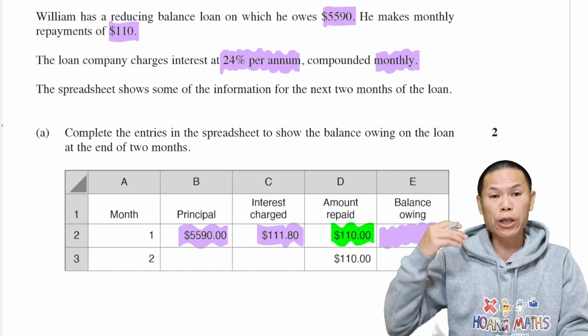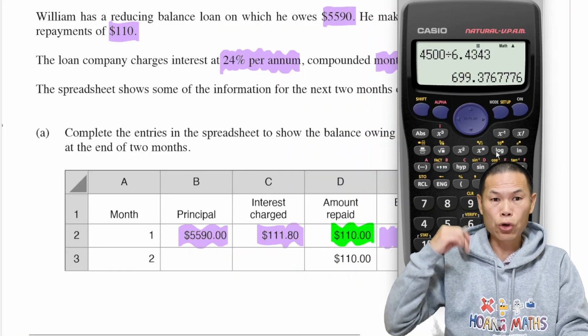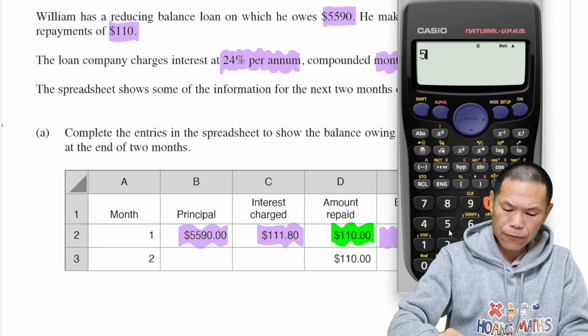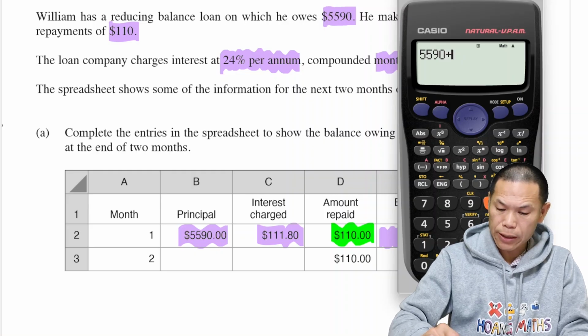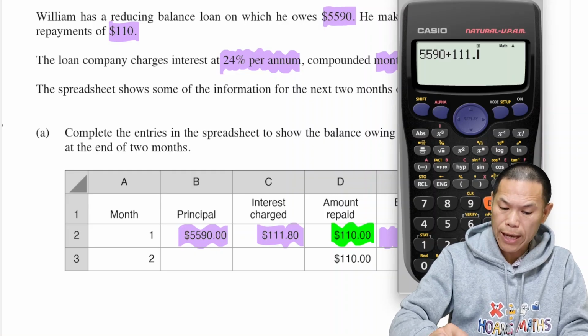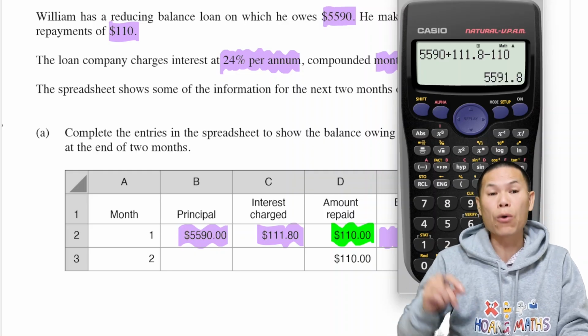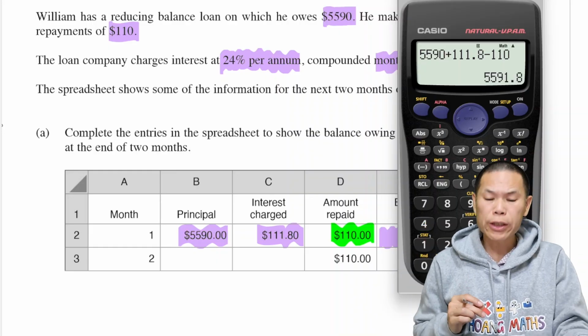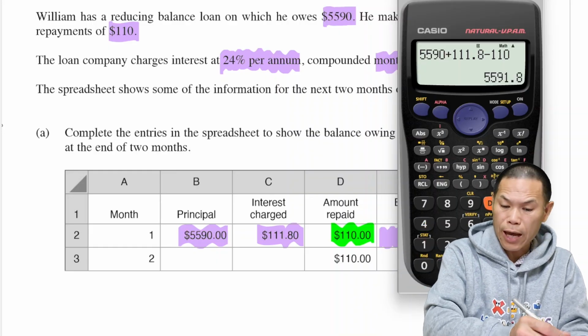So let me just quickly put on a calculator. So I just go 5590. We add the interest 111.8 and then we minus 110. So there you go. $5,591.80.